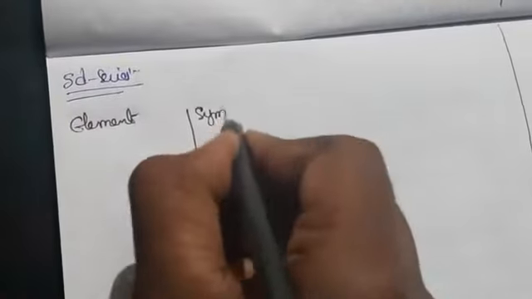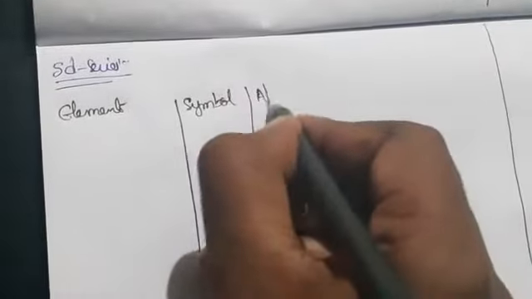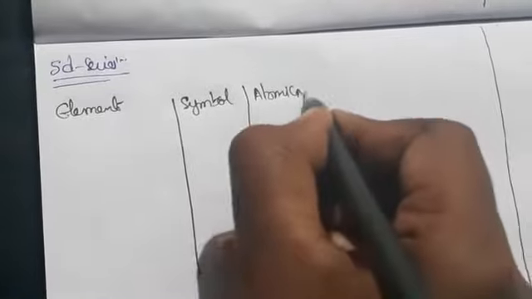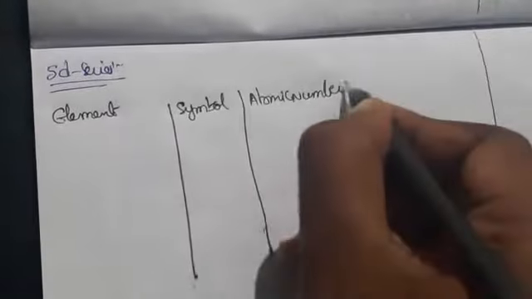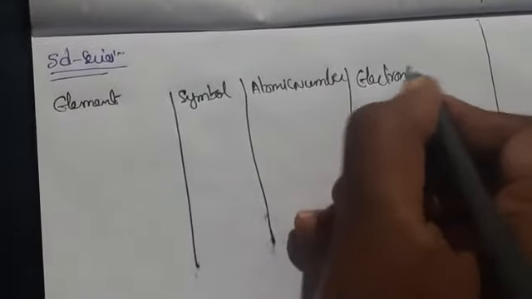So coming to the 5d series, same: element, symbol, atomic number, electronic configuration.